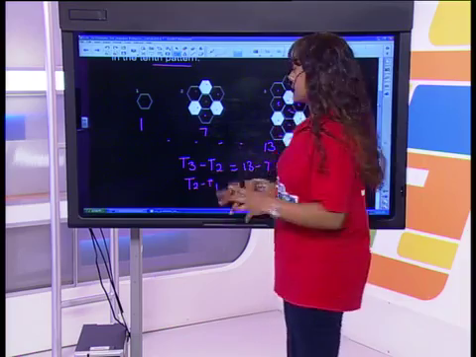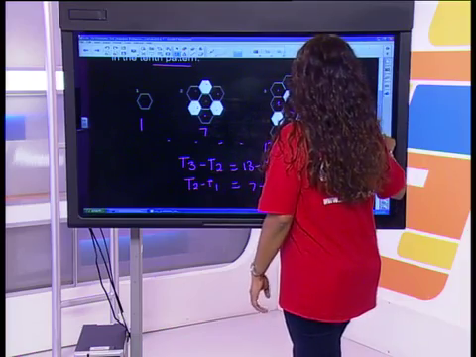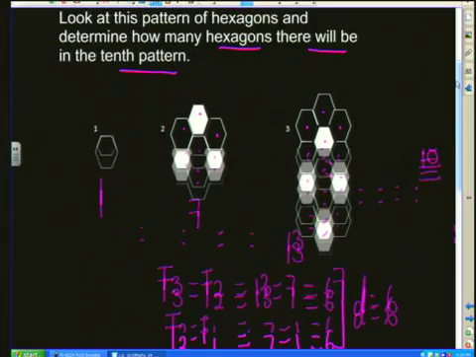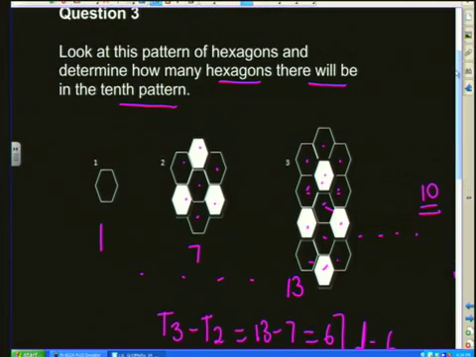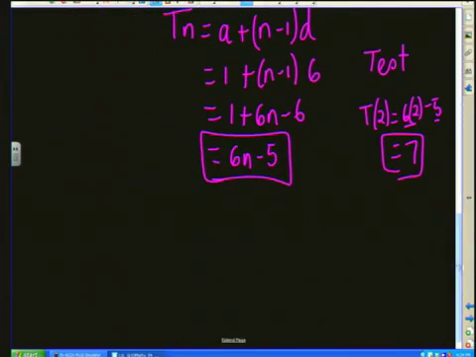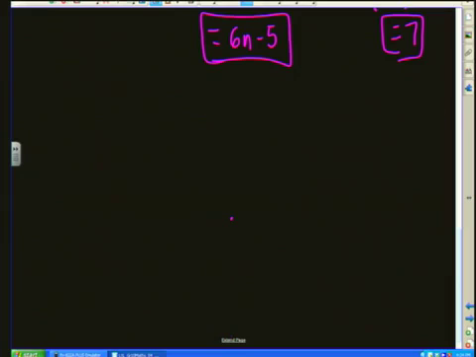Now that we have this general formula, we can use it to say how many hexagons there will be in the 10th pattern. We know we're looking at when n is equal to 10. So my formula Tn is equal to 6n minus 5.